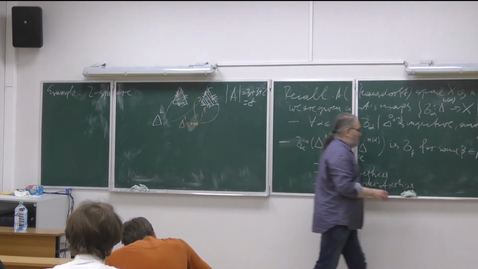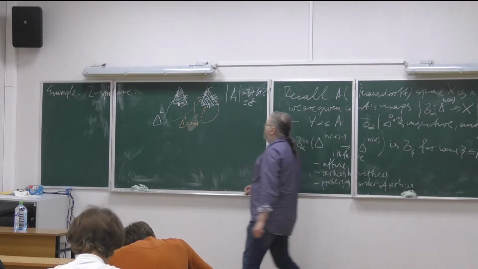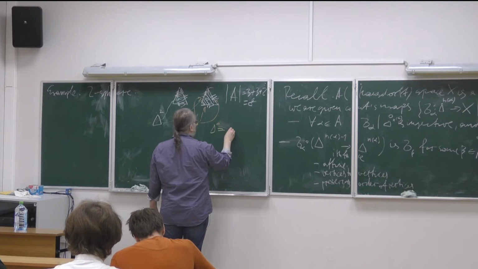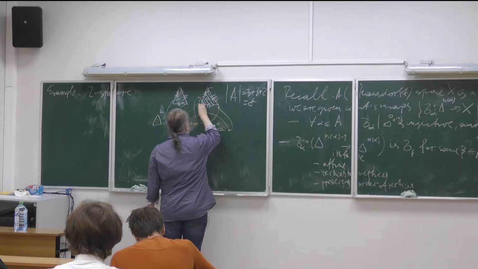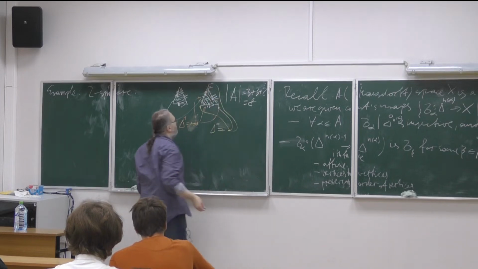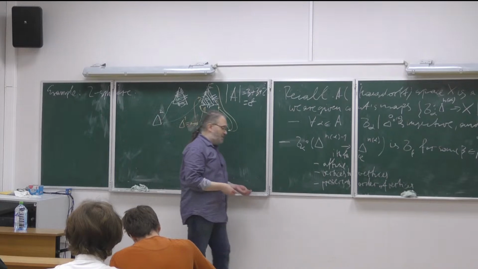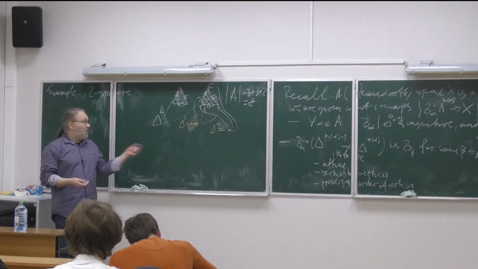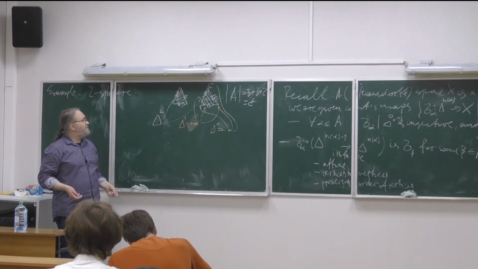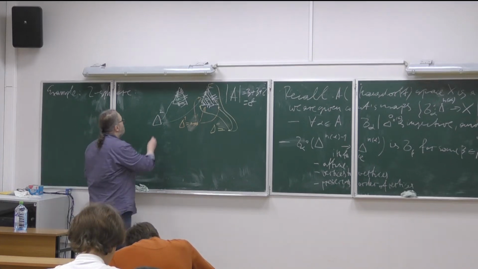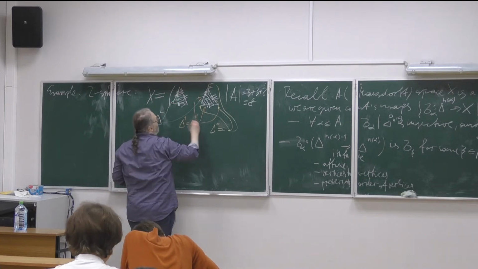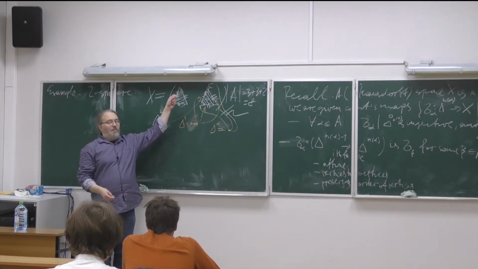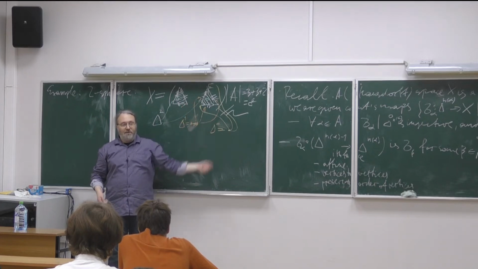And we have three maps from the 1-point space delta 0 into X. So X in our example is this, modulo the equivalence relation given by the arrows.